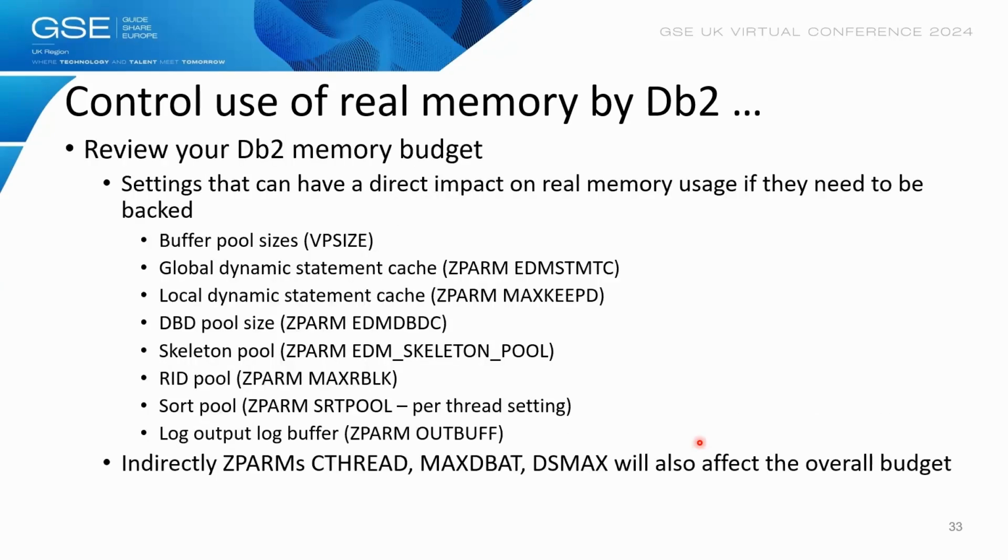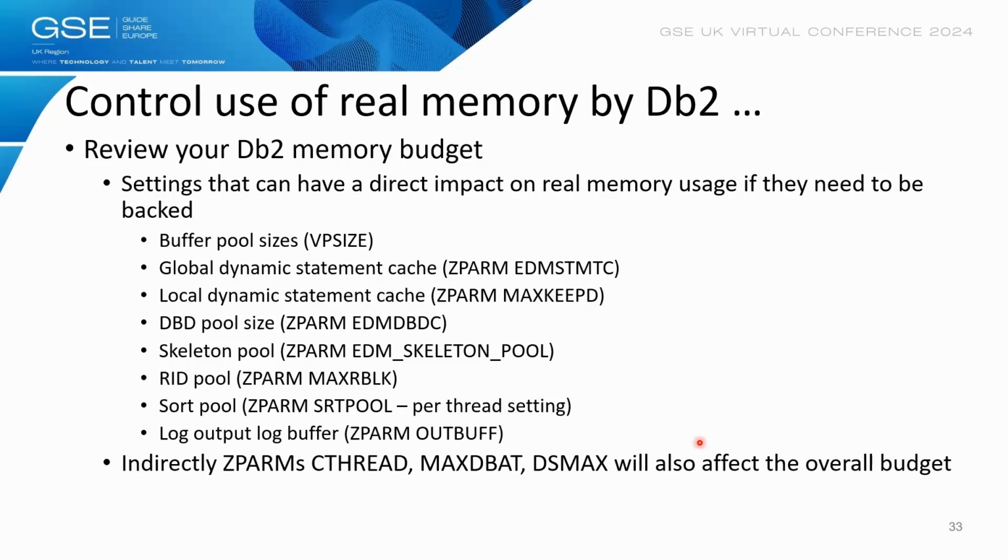Okay, in summary for the memory, you should review your memory budget and how much you can allocate. There is a list of zparms that affect allocations of memory in Db2. Normally, the biggest consumers are buffer pools, which can be really big nowadays. There are not really hundreds of gigabytes, but the other pools can also consume a decent amount.